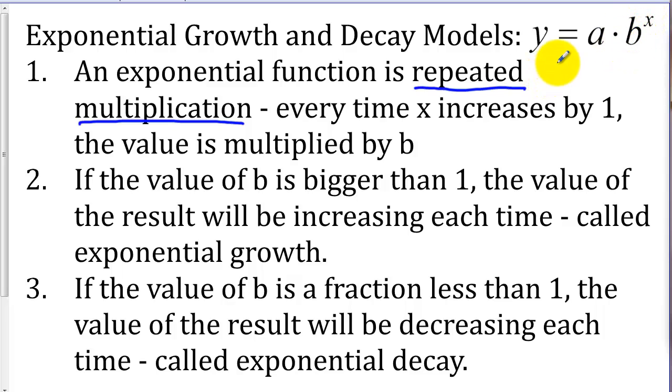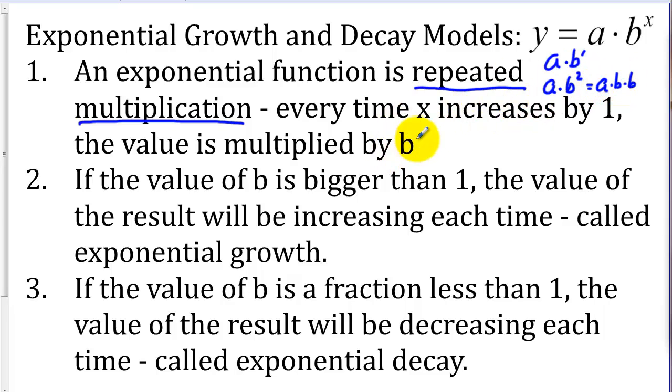Remember, if we had a times b to the first, that means a times b. A times b to the second, meaning x is 2, that's a times b times b, so we multiplied by b again. If we had ab to the third power, we would be multiplying by b 3 times. So anytime we're repeatedly multiplying, that's going to be an exponential function application.